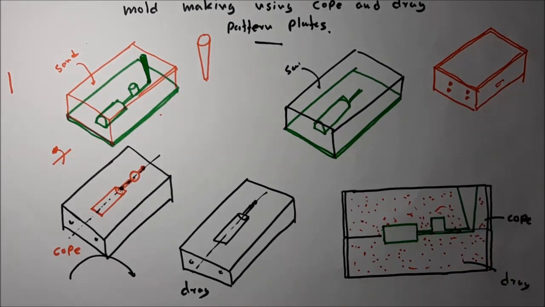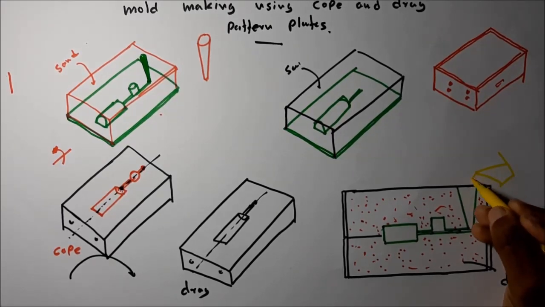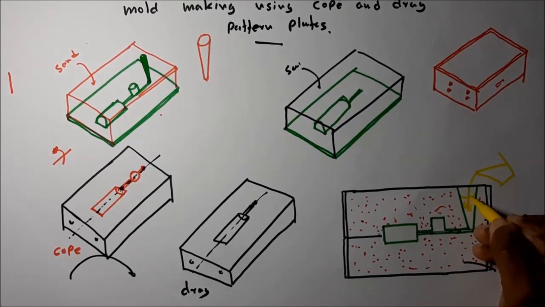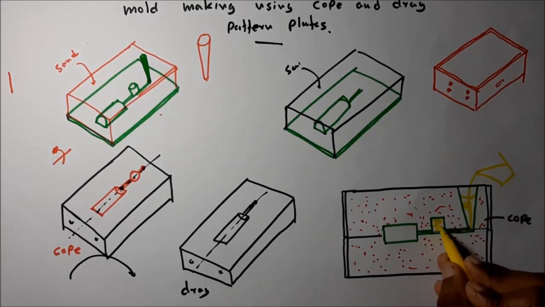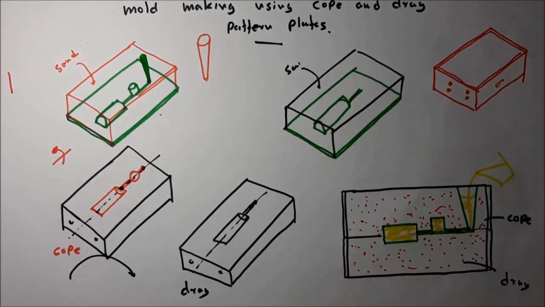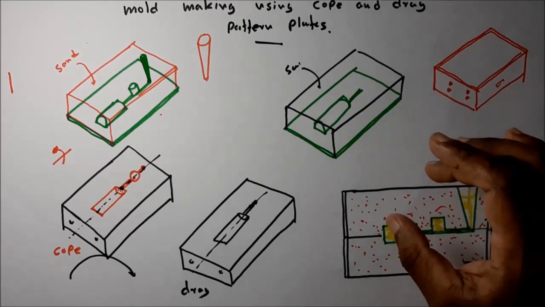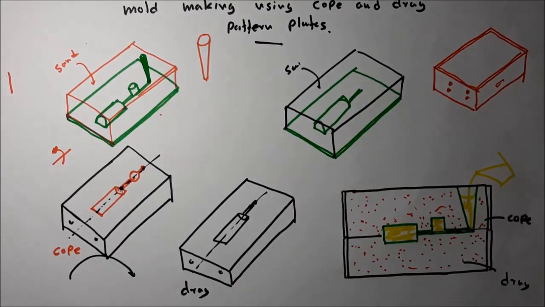Then what happens when you pour in the molten metal? The molten metal is poured into the sprue, then it passes to the runner system, the riser fills, and then the part fills with the molten metal. This is how the mold is made using the pattern.